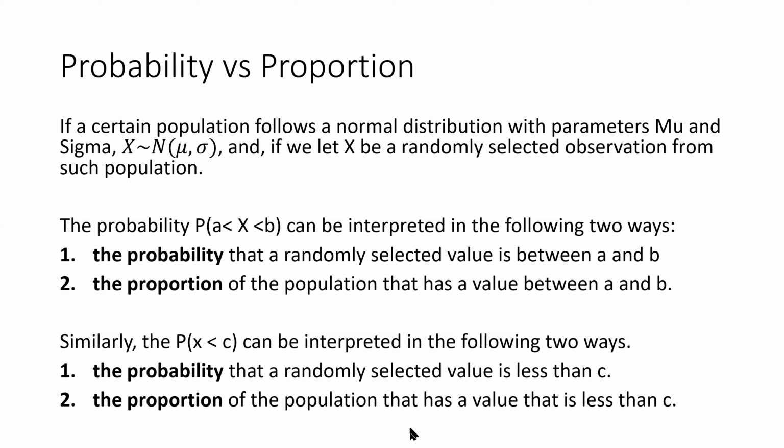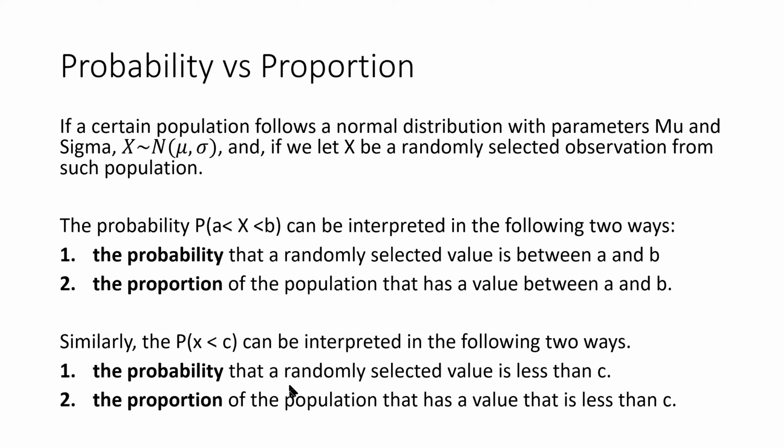Remember, we talked about it earlier. Probability is the same as area under the curve. Or number two, the proportion of the population that has a value between A and B. So the area under the curve is the same as the probability is the same as the proportion. Similarly, the probability that x is less than c can be interpreted in the following two ways.